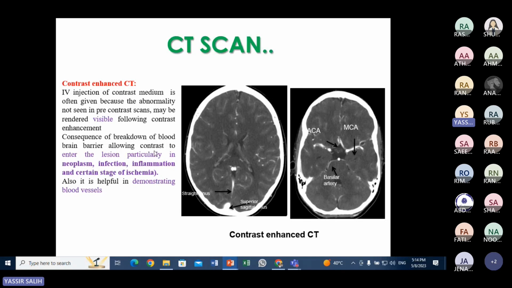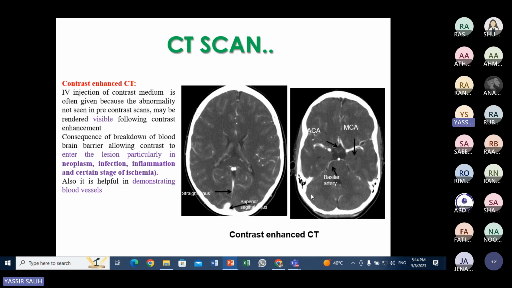And this contrast also helps us in evaluating the blood vessels. This is the circle of Willis. You can see the internal carotid artery and anterior communicating artery, middle cerebral artery on both sides, basilar artery, posterior cerebral artery, posterior communicating artery.